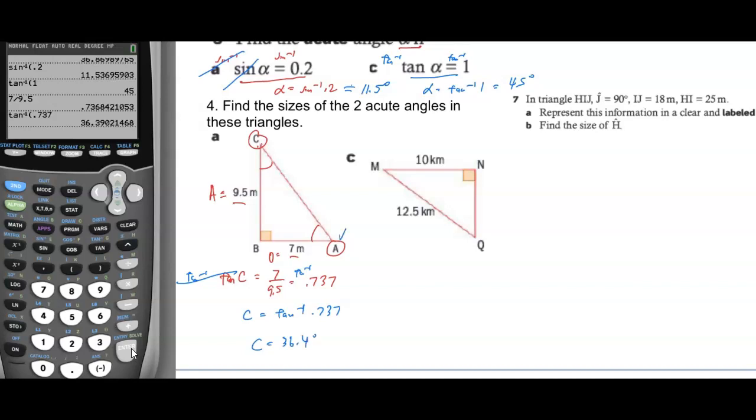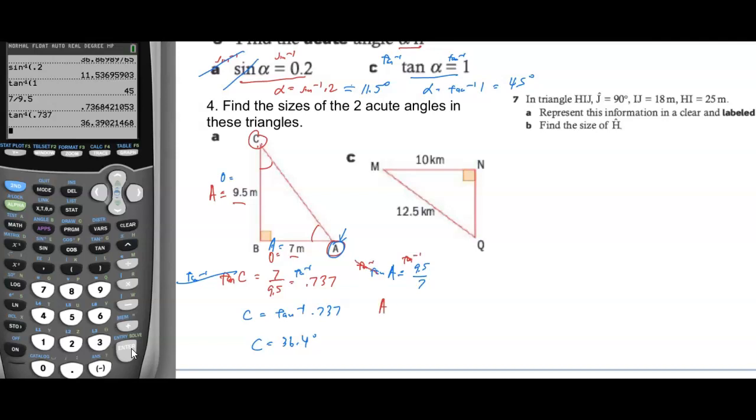What about angle A? Let's try to find angle A. If we look at angle A, 9.5 is the opposite, and 7 is the adjacent. So angle A is kind of backwards. Angle A has 9.5 on top and 7 on the bottom. If we want to figure out what the A value is, we just do inverse tangent of both sides, and then these cancel out.